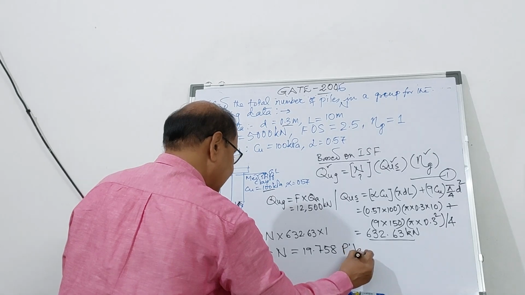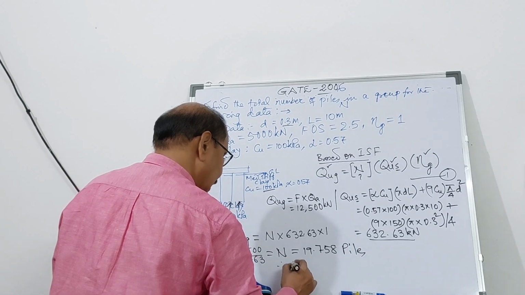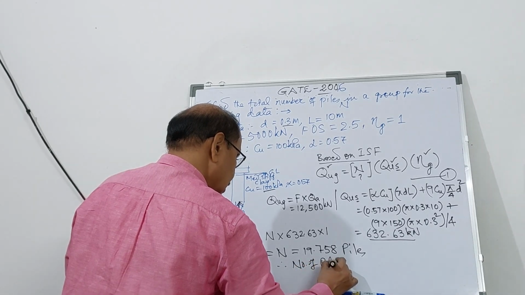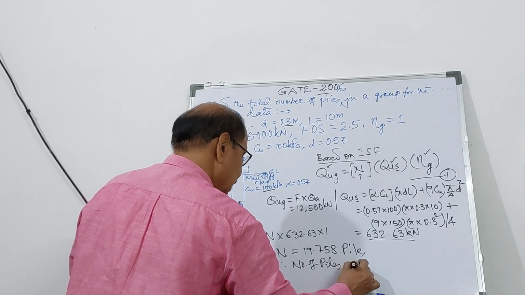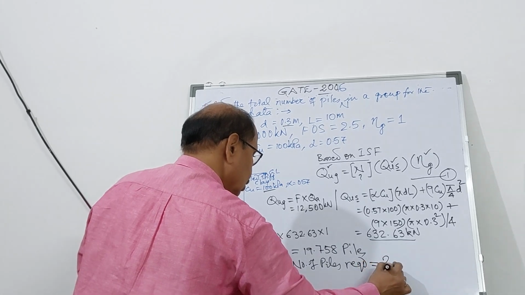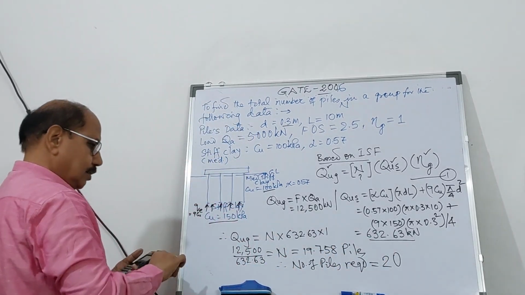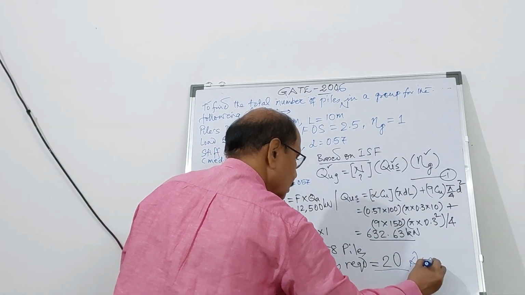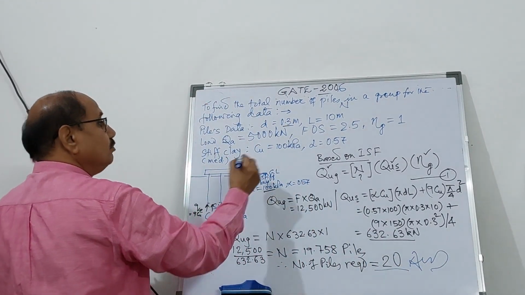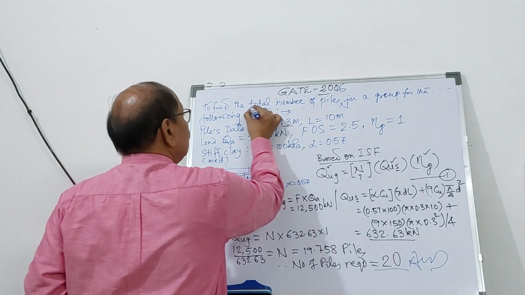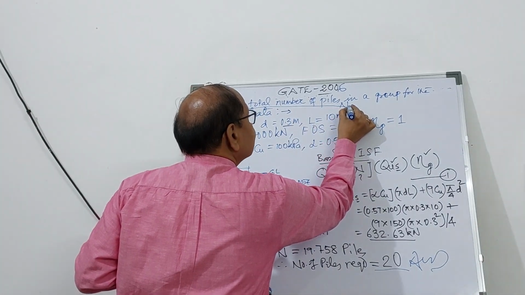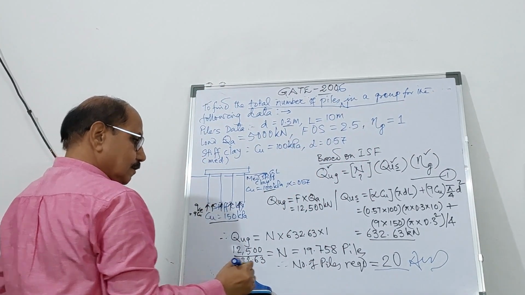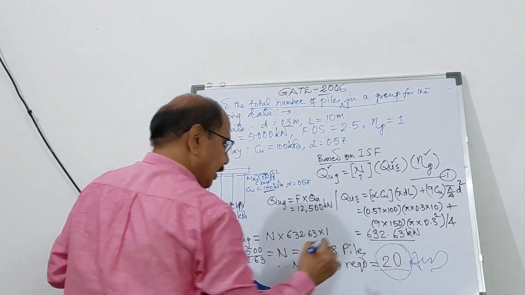So you can provide the number of piles required equal to 20. So this is the answer. So in this problem, the total number of piles in a group, capital N, is going to be 20 piles.